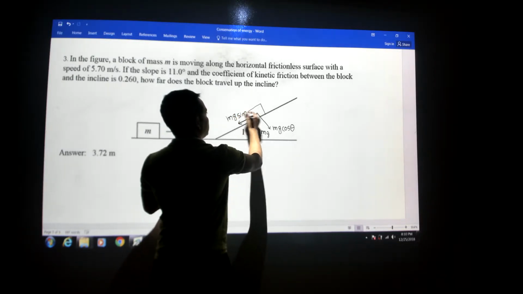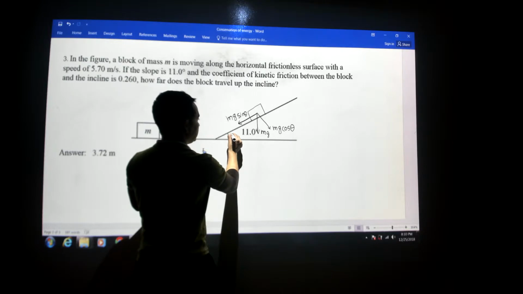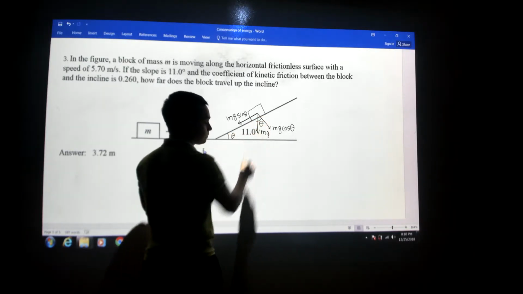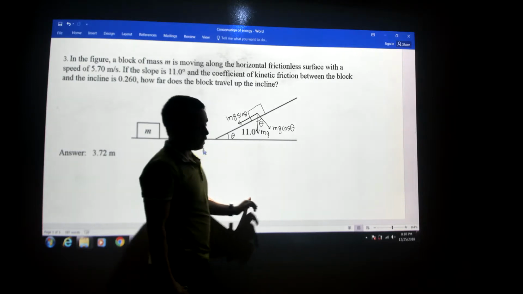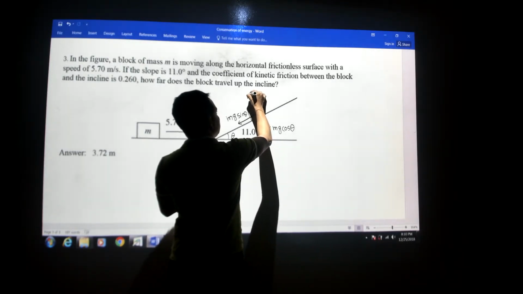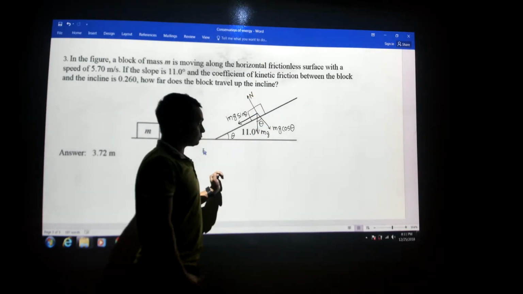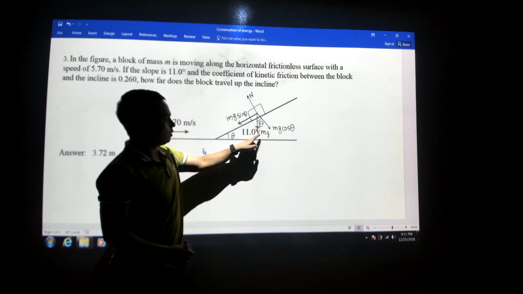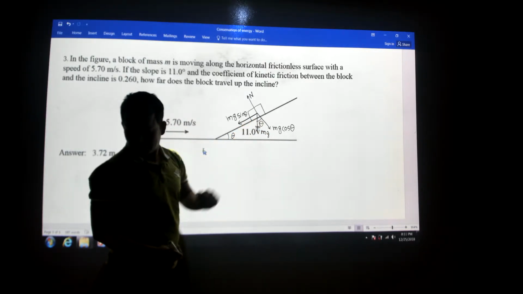And if this angle is theta, then this angle is also theta. And then you have a normal force. We do not require this one because we have resolved this into two components.